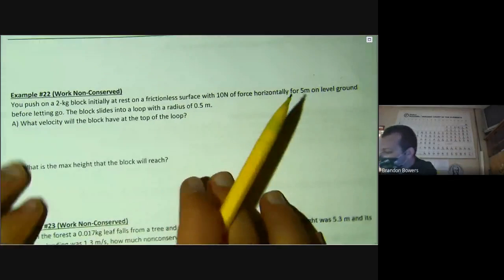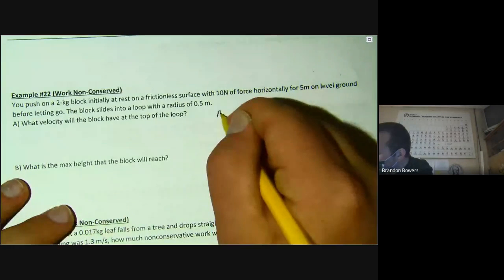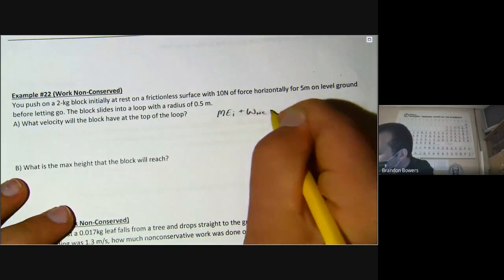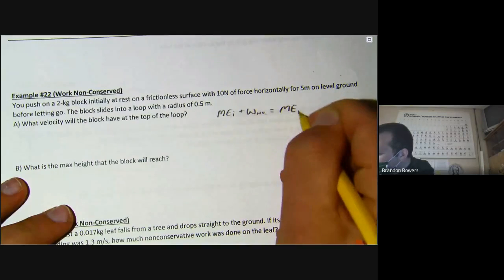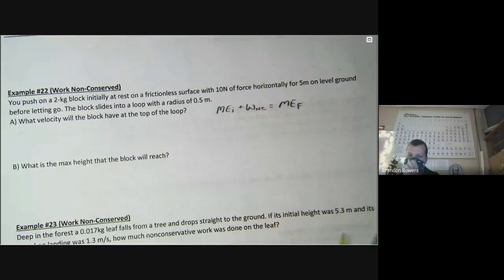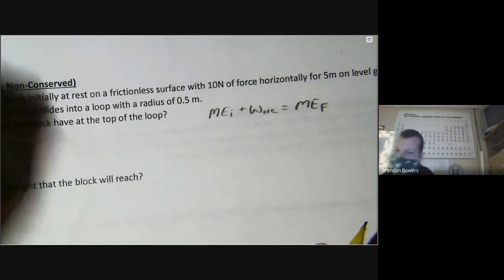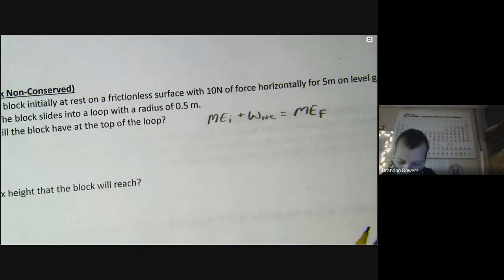All right. So once again, my equation we just wrote out was mechanical energy initial plus the work non-conserved is equal to my mechanical energy final. Now, I'm going to zoom in a little bit. You don't have to write all this down unless you really want to.